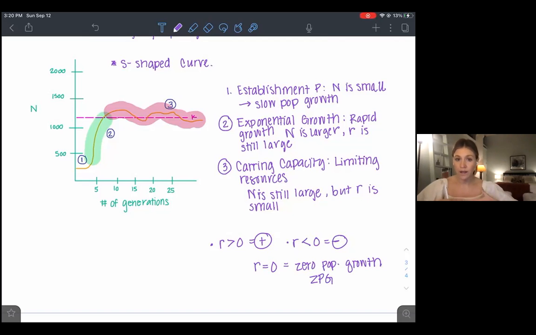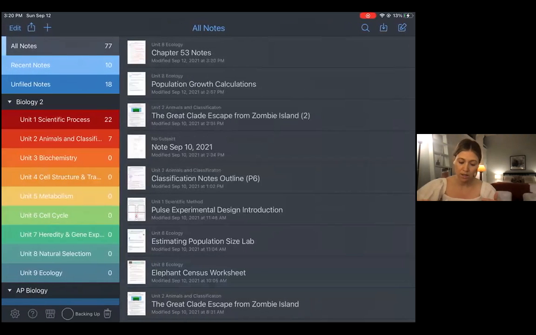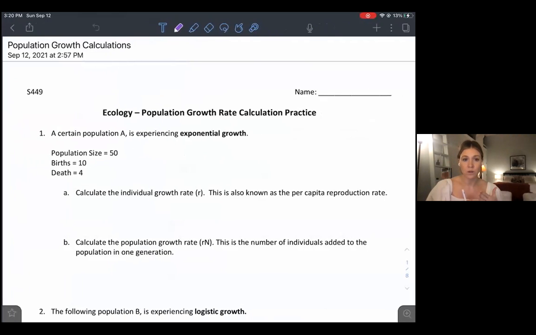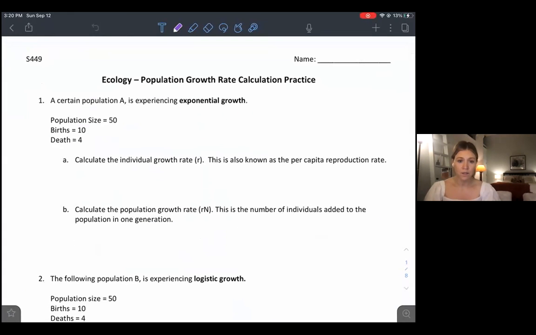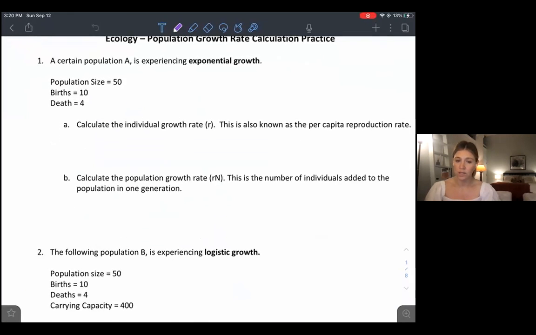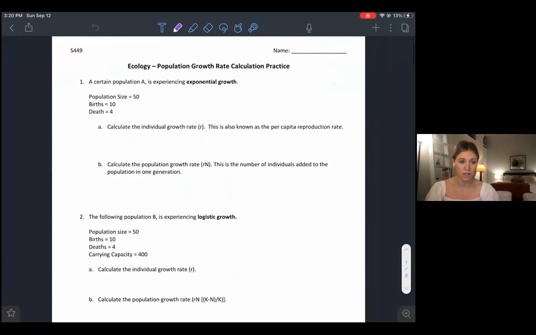Okay, so now that you've seen everything you need to do, what you're going to do is go to Schoology and download these population growth rate calculation practice problems. So the first two examples are pretty simple, just like what we did in the notes. I know we didn't do an example of the logistic growth.